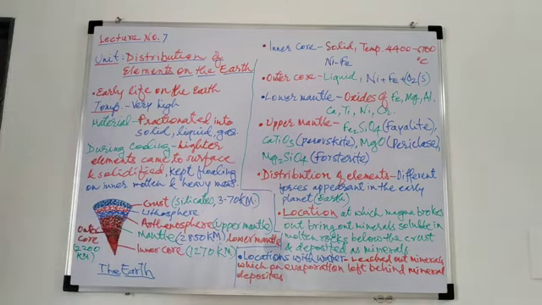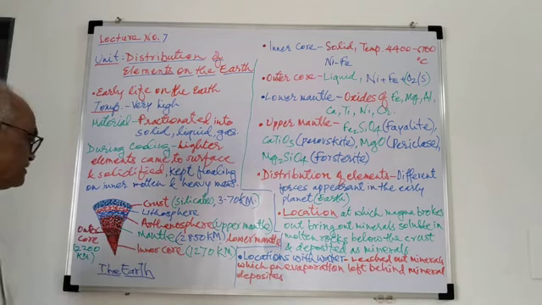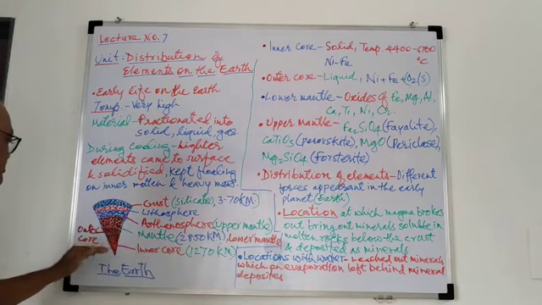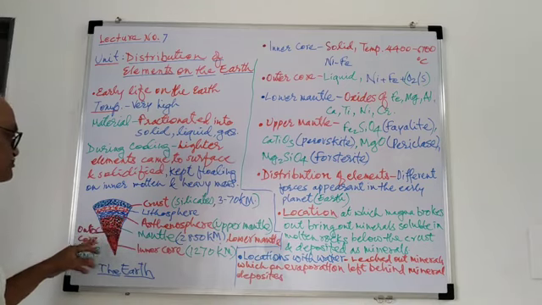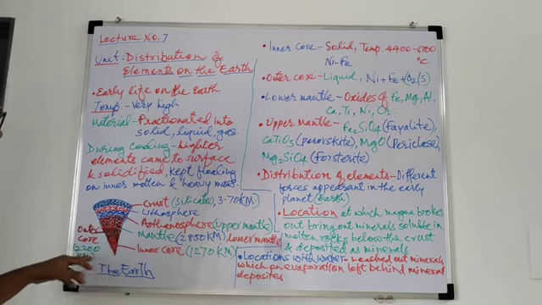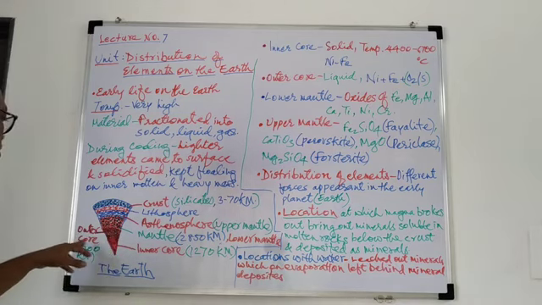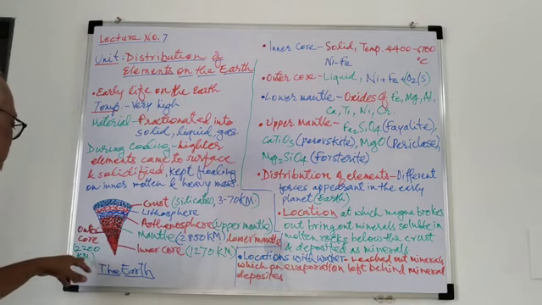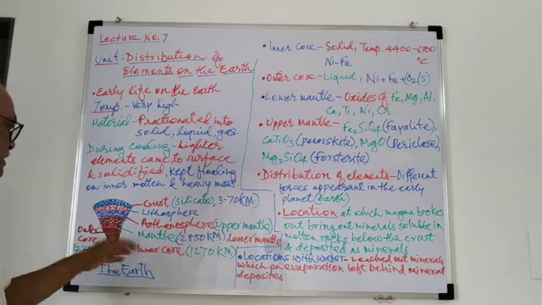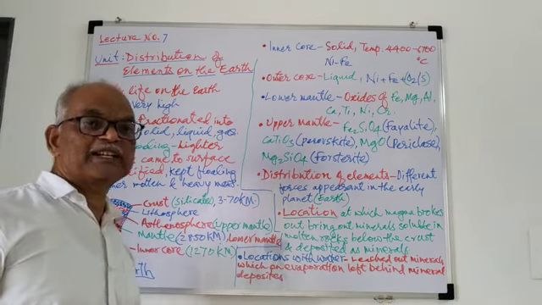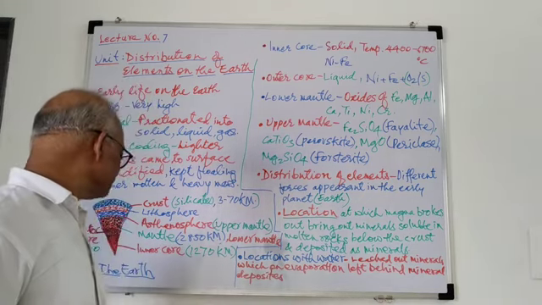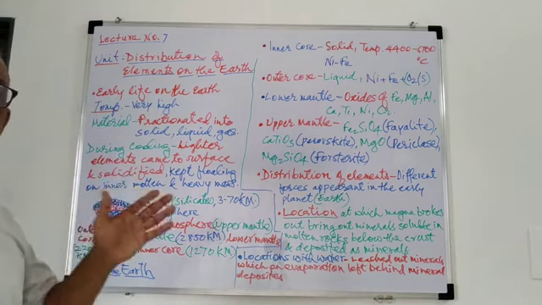And below that there is another layer called outer core, which is 2200 kilometers, and below that there is the inner core, which is 1270 kilometers. So this is about the cross section of the earth.